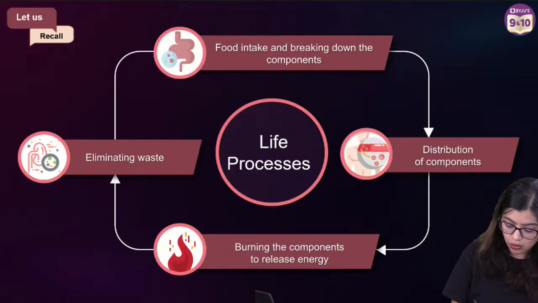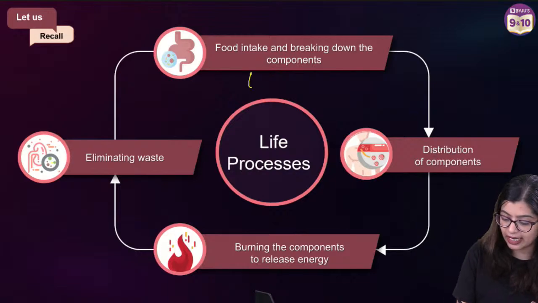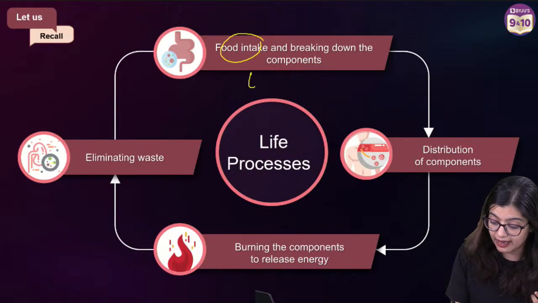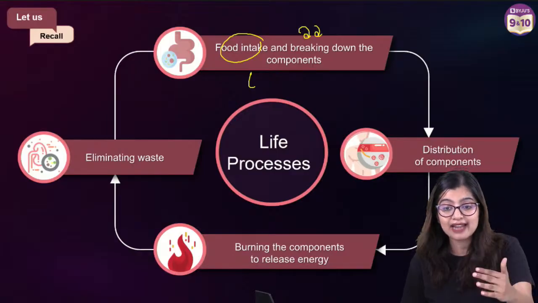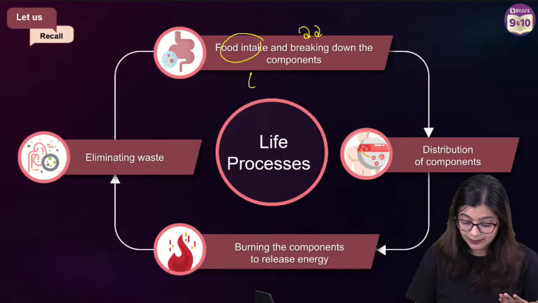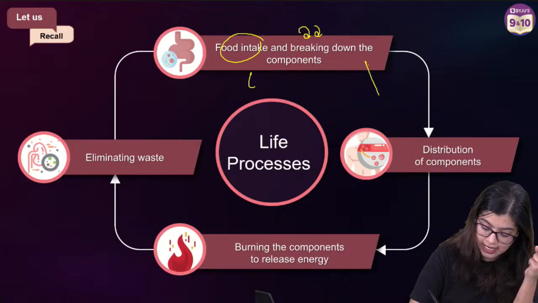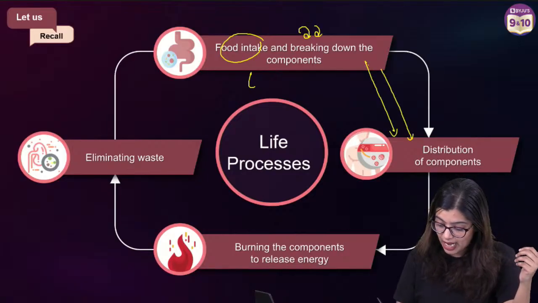So we know that the story starts with the food that we eat. It is the fuel that drives our body, and food needs to be taken in and then broken down into simple substances so that our body can use it. Yes? Now once the food is broken down into usable substances, it then needs to get transported to different parts, right?